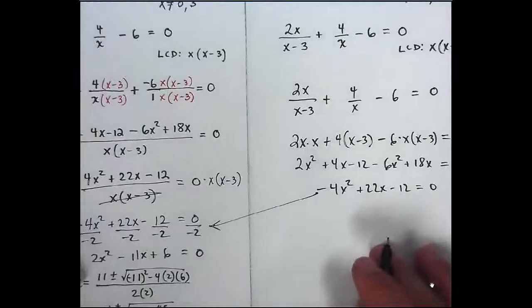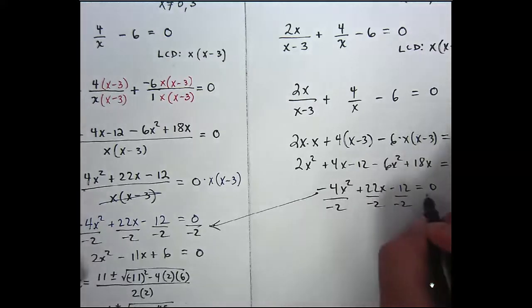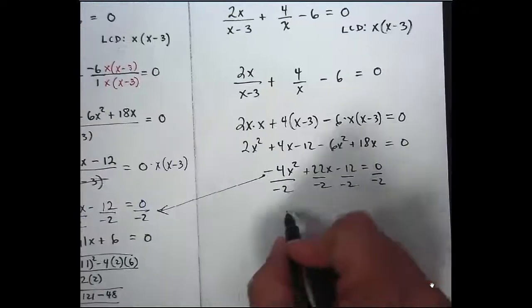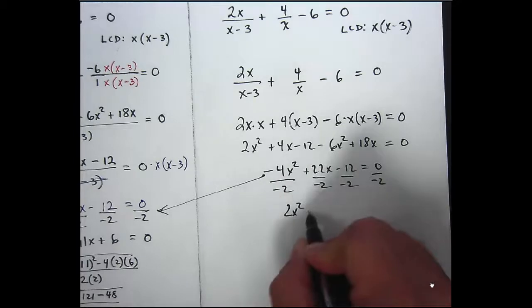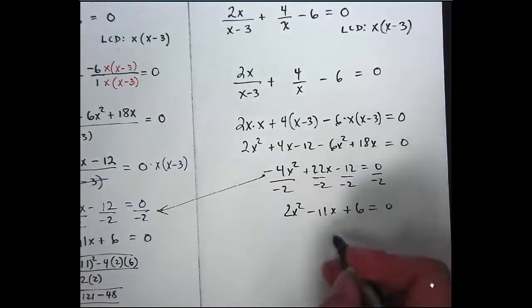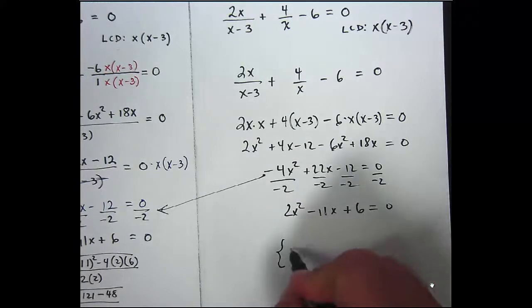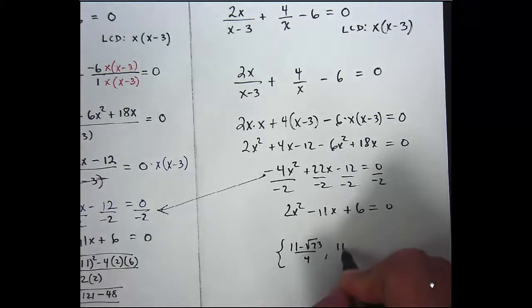Alright. Divide everything by negative 2. Same thing I did before. 2x squared minus 11x plus 6 equals 0. And then you do quadratic formula, and you get what we got before, which was 11 minus square root of 73 over 4, 11 plus square root of 73 over 4.